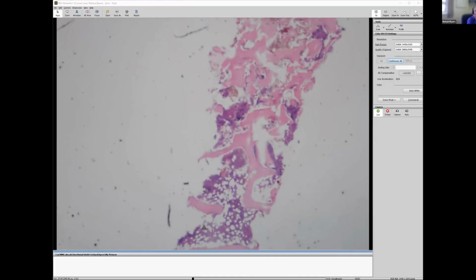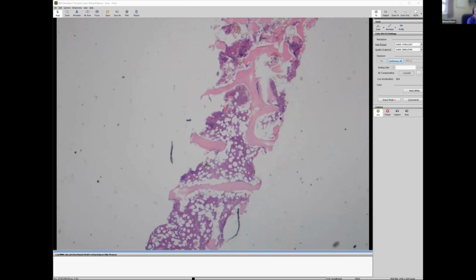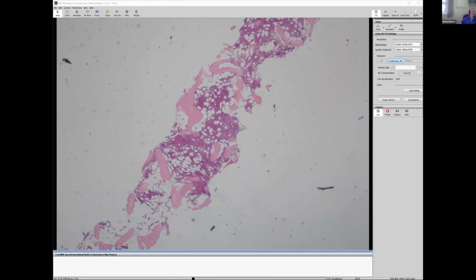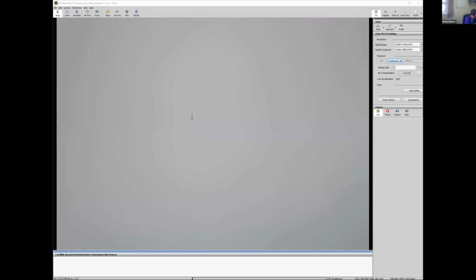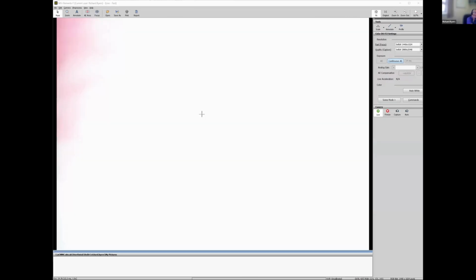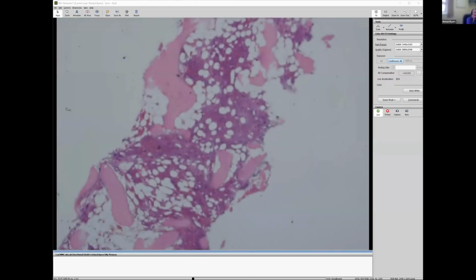So certainly a very good core. Bony trabeculae, they're a little bit thickened in places, I think. Maybe here. It's a bit dirty, that, isn't it? Let me just clean it a little bit, see if that makes a difference. No, it doesn't. Okay. A bit thickened, the trabeculae. And the cellularity of the marrow is definitely increased.